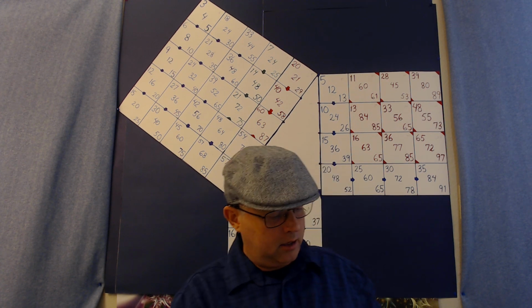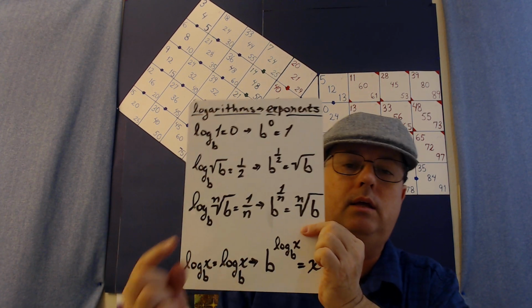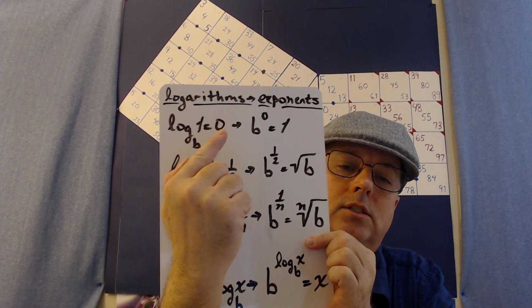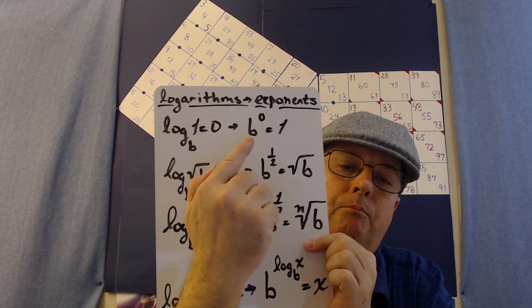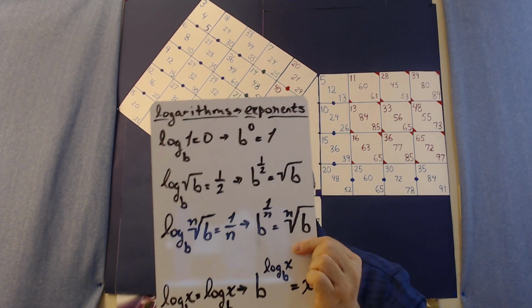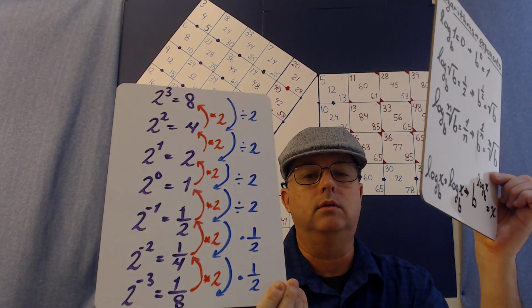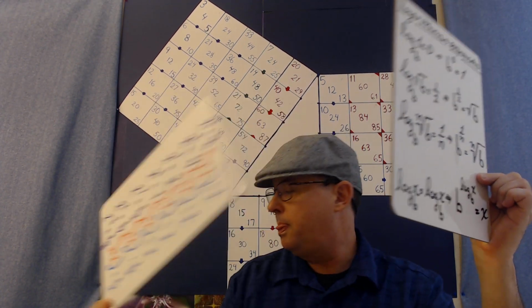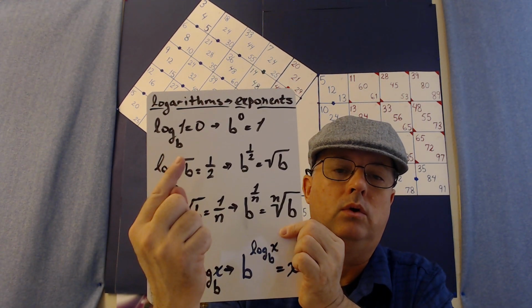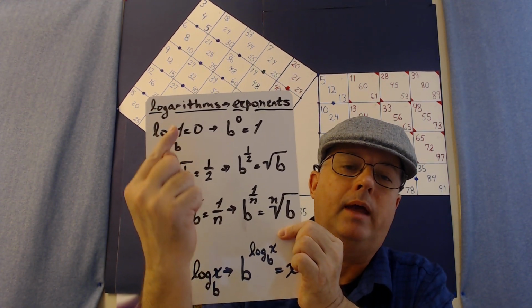All right, now we have a few more properties of logarithms and exponents that we talked about previously. Log base b of 1 is 0. Remember, b to the 0 is 1, just like we had on this illustration here. 2 to the 0 is 1. And so what power of b makes 1?